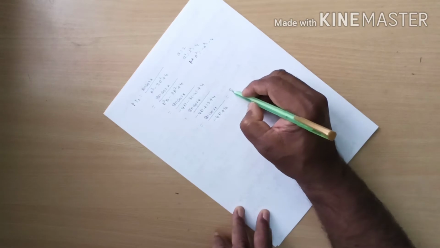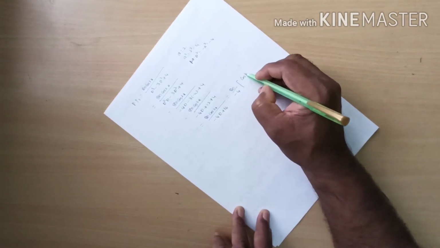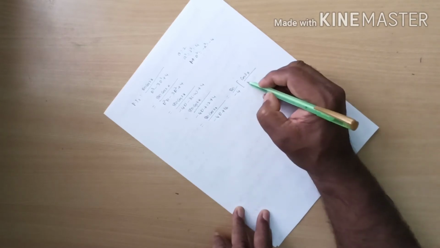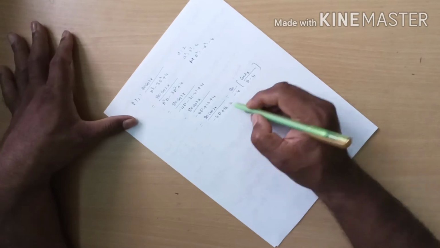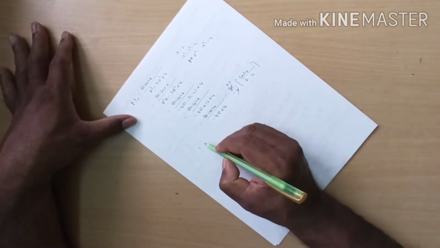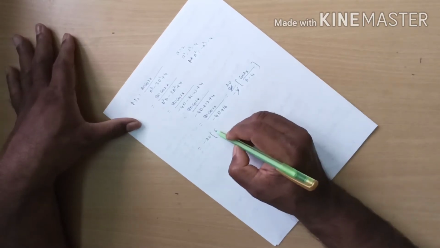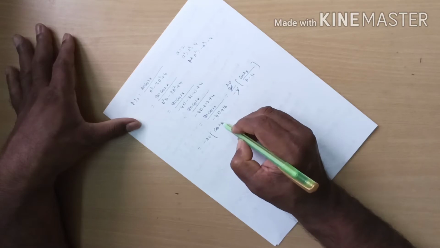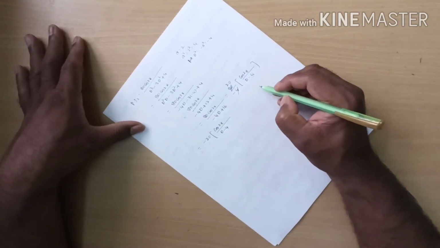-4 is common. 80 by -4 into cos 2x by D - 4, because -4 is common. 4 ones are 4, 20s are, that is equal to -20 into cos 2x by D - 4.